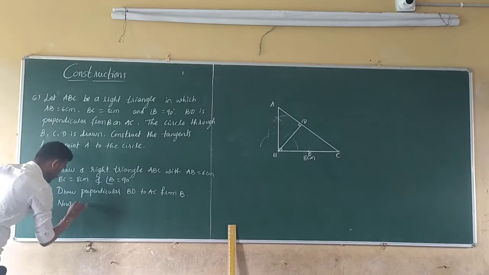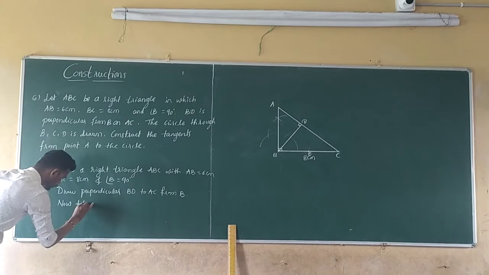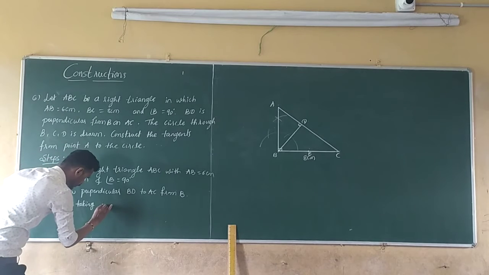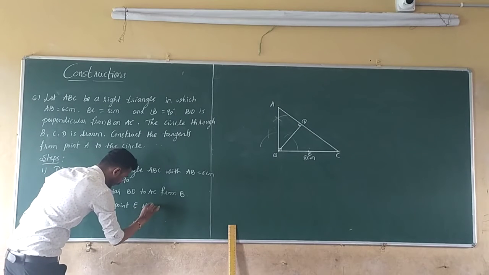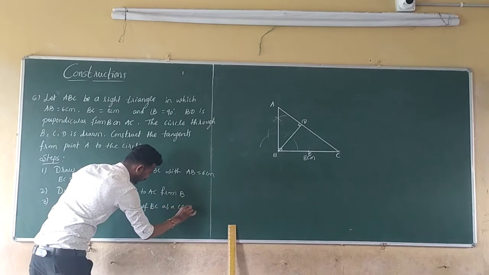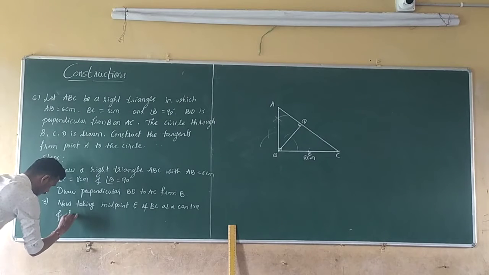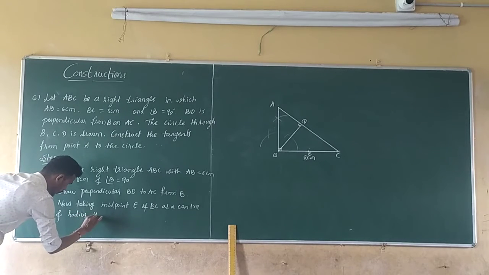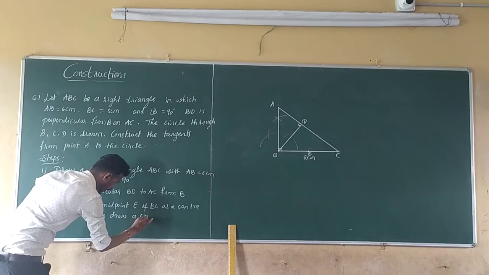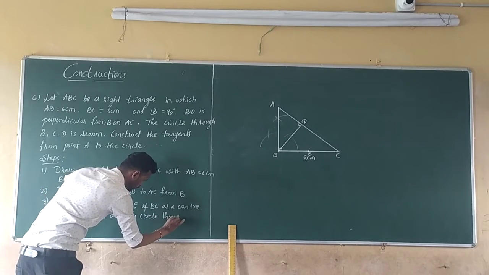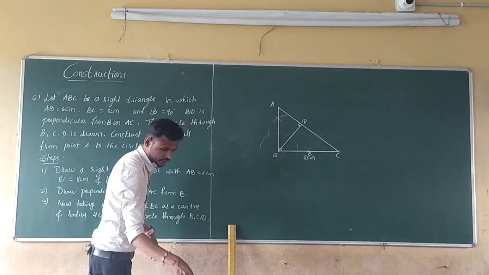Now taking midpoint E of BC as a center and radius 4 centimeters, draw a circle through B, C, D. If you draw a circle, that will pass through these 3 points.